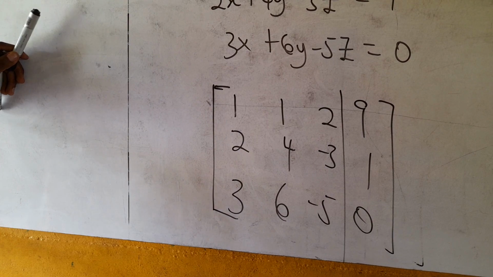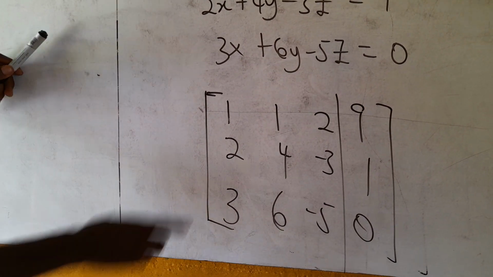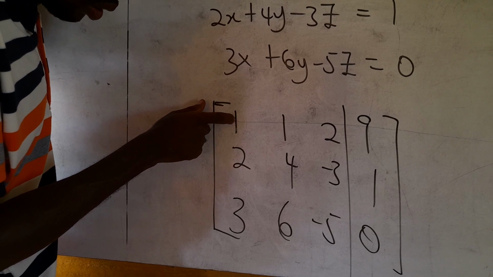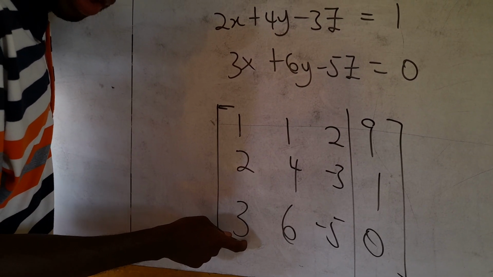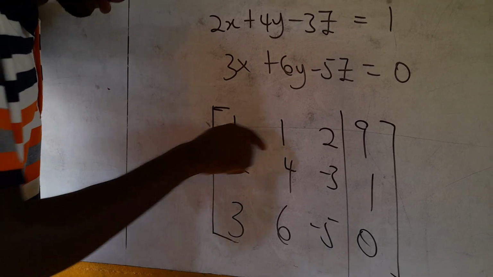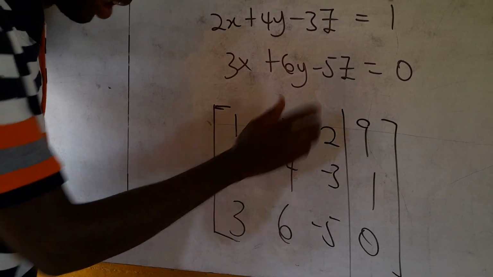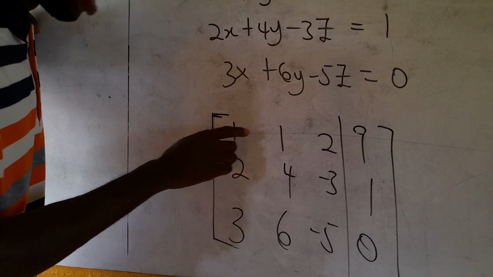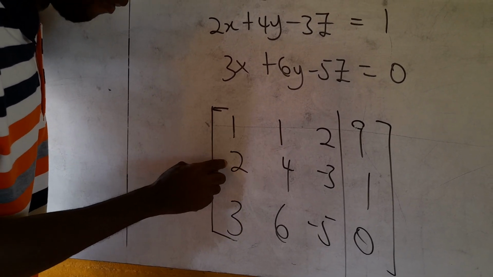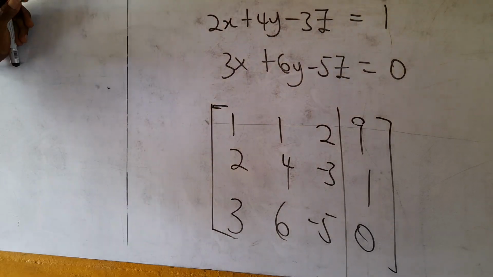Then nothing like back solving. Now how do we do that? Look at it. If I multiply this by 3 and I subtract it from this, it will become 0. So I'll multiply all this by 3 and subtract it from their individual entries. So our R1 and R2 will not be affected. Only R3 will be affected.